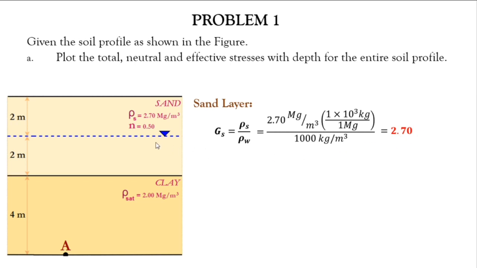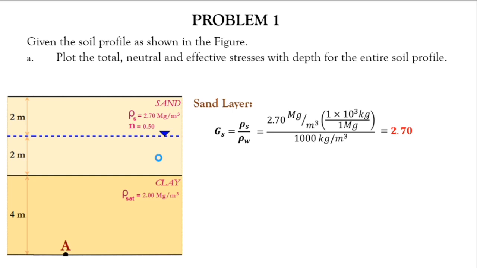Now, we have also the value given for porosity, which is 0.5. But you can use void ratio. Pwede mo naman i-convert yung porosity to void ratio para mas madali na ilagay sa formula na familiar tayo regarding the unit weight of the soil.